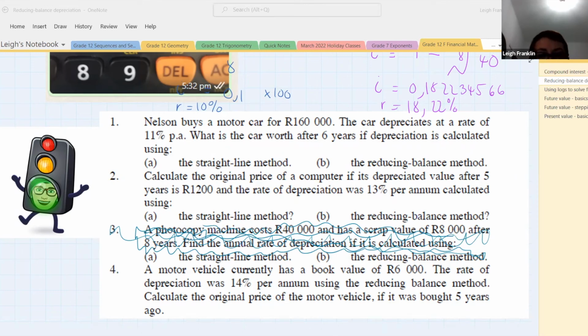Okay, so yes, Rito Giba. Yes, Imihle. Oh, well done.